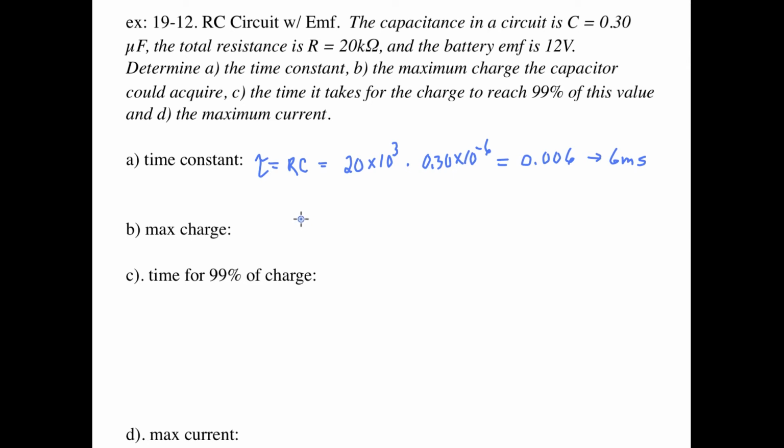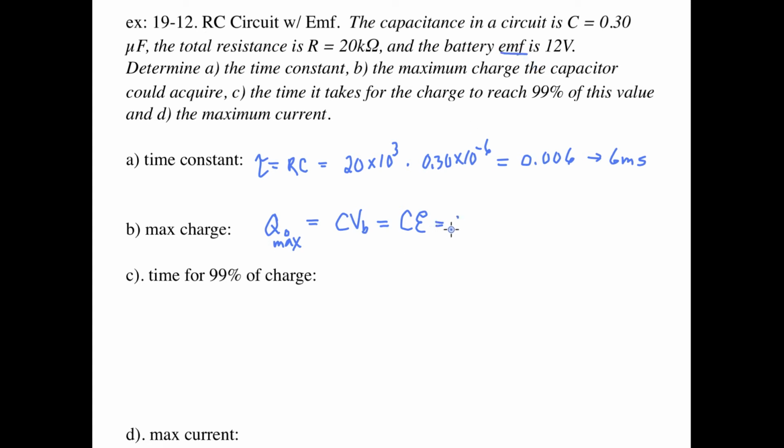Now the maximum charge. Our maximum charge, Q0, seems weird at first. The maximum charge we can get is equal to the capacitance times the voltage of the battery, the EMF.